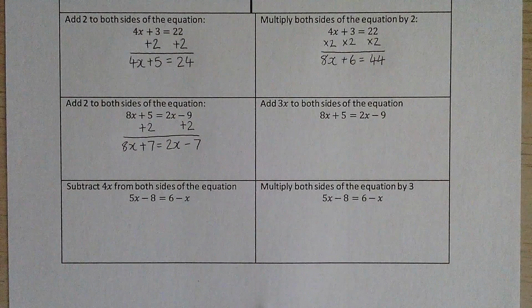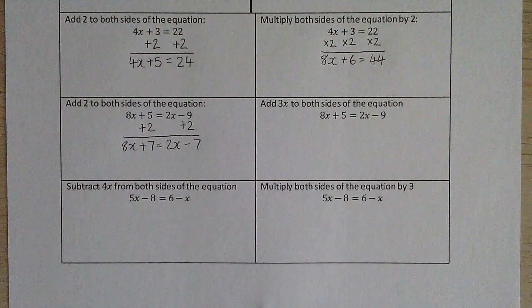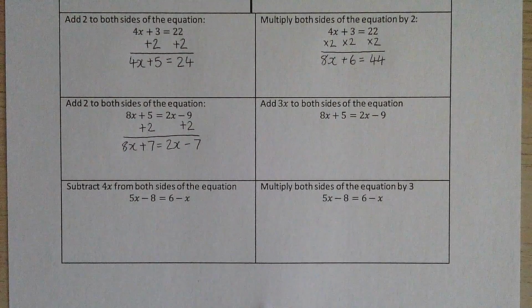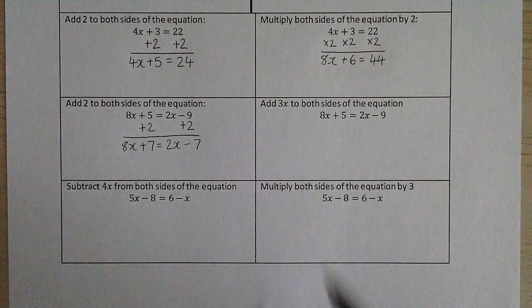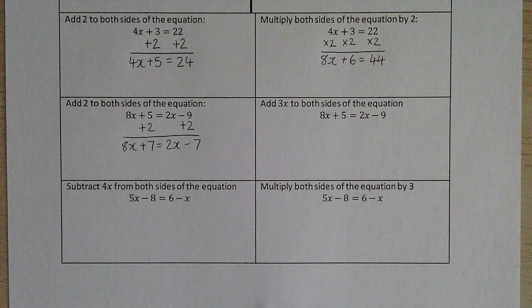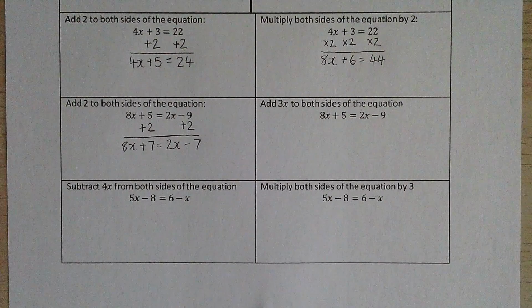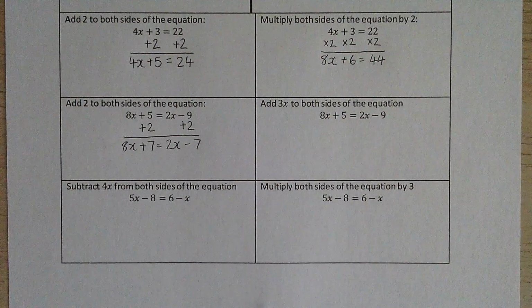On to the next question, where we need to add 3x to both sides of this equation. Here, because I'm adding 3x, I need to write it underneath the like terms of 3x on either side of the equation.